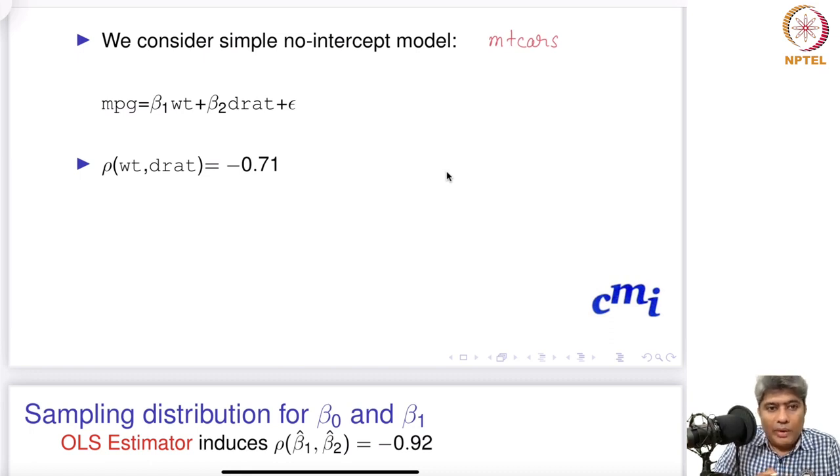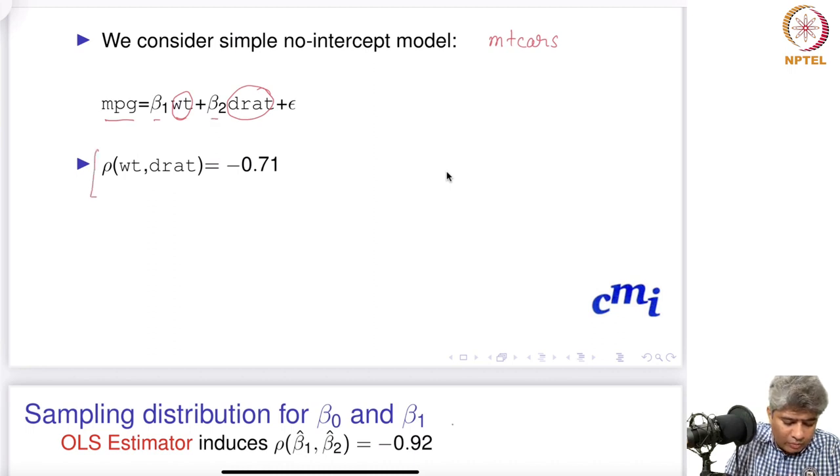I will not use this in a real analysis, but just to understand the geometry of the concept, I'm using a simple no intercept model where miles per gallon is a function of weight and rear axle ratio. So MPG = β1 weight + β2 rear axle ratio + ε.